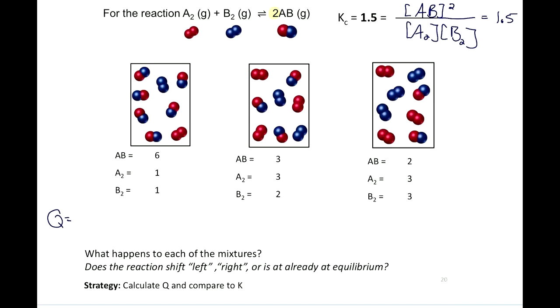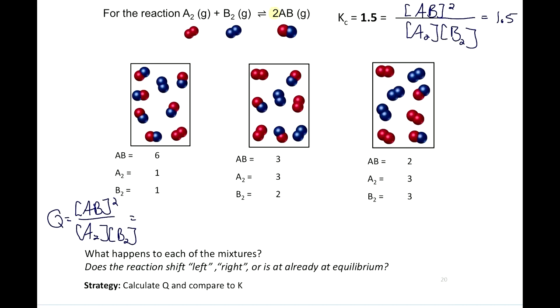But again, I don't actually know if we're at equilibrium or not, so that's why I call it Q, but essentially it's K. So remember, Q or K is equal to AB concentration squared over A concentration times B concentration. So essentially, I'm just plugging in these numbers, and I'm calculating, given the concentrations of what's present, what is the ratio of products to reactants at this indicated condition.